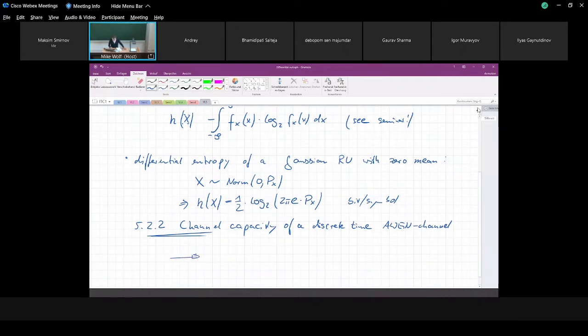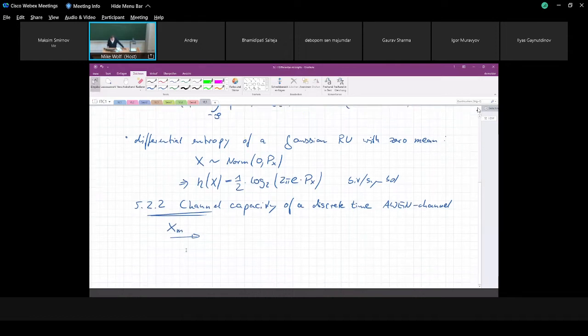So we have a sequence of random variables, and if I take a look at one of these random variables at the channel input, it's xm, and for some reason we add noise, which is discrete time noise, let's say nm. This is AWGN, additive white Gaussian noise, as you remember.